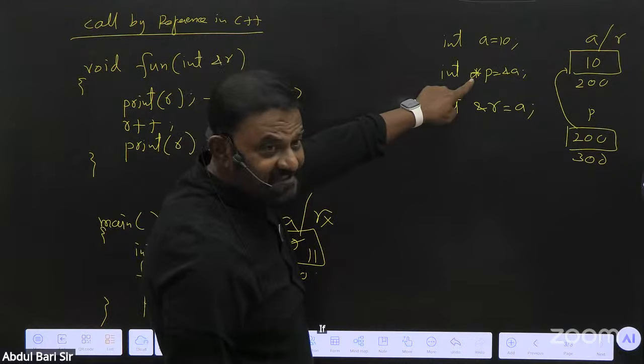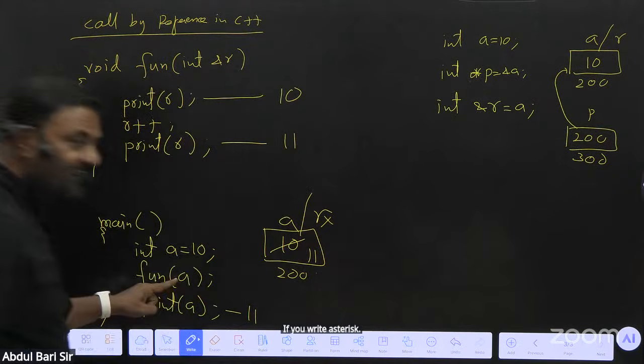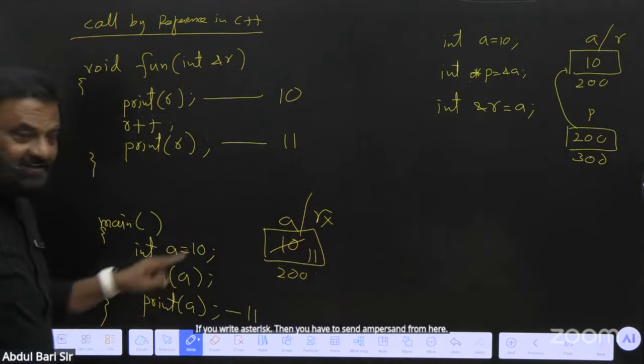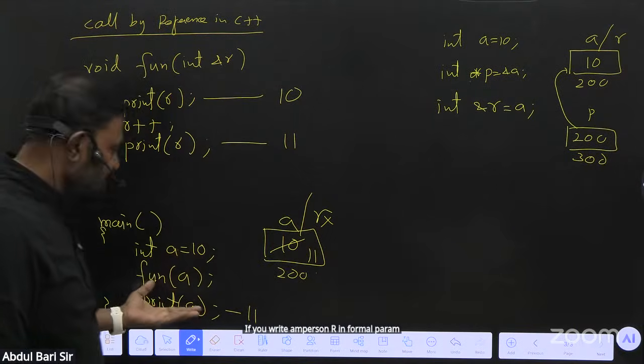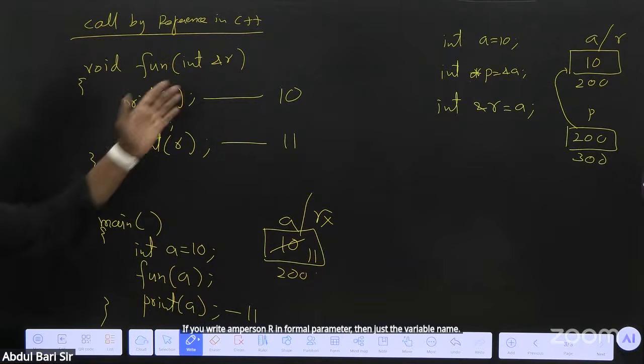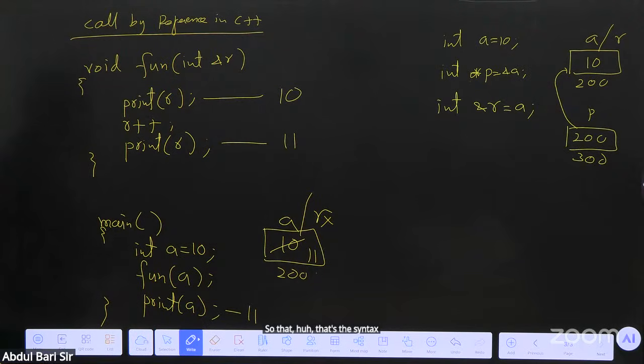If you write asterisk, then you have to send ampersand from here. If you write ampersand R in the formal parameter, then you send just the variable name. So that's the syntax. Change in the syntax.